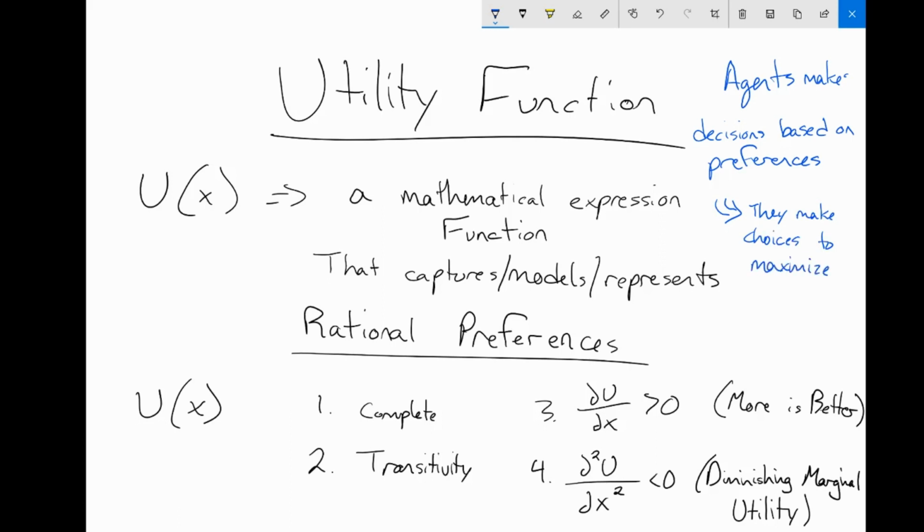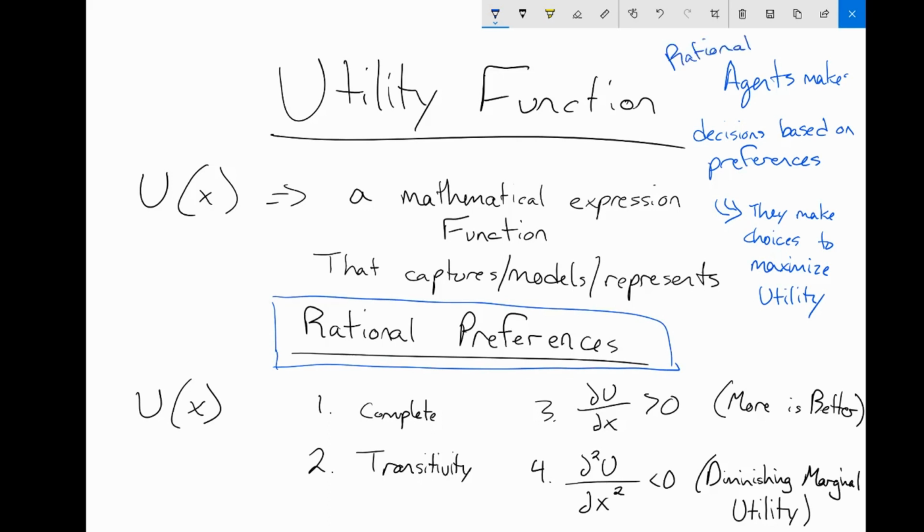So far I've said maximize their subjective value, getting as much of what they prefer as they can given the constraints. So we're going to say they make choices to maximize utility. Now we can use this utility function that exhibits rational preferences to model the behavior of rational agents. This is going to be a powerful tool.